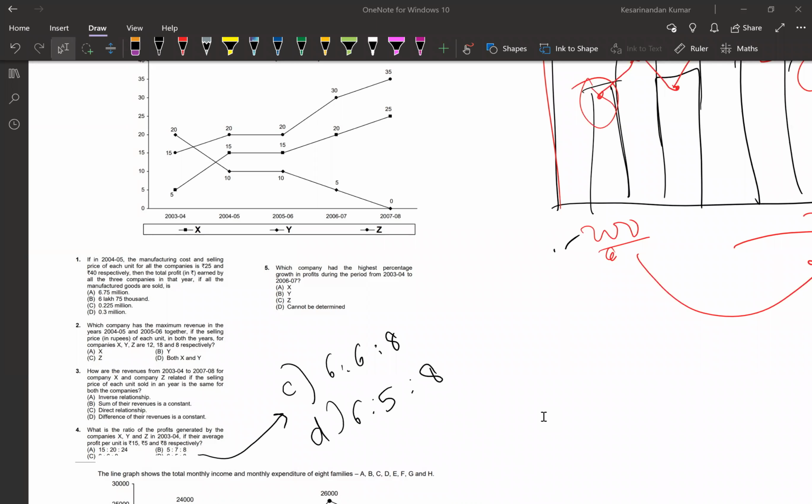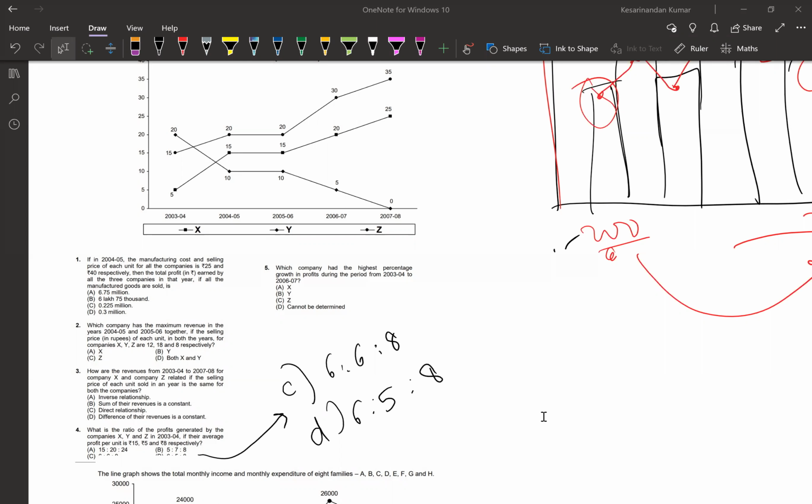Okay, let me explain the third one. See, it's all about wordings. It says, if I increase the quantity, are the prices and everything increasing or not? In short, if X increases, is Z increasing as well?